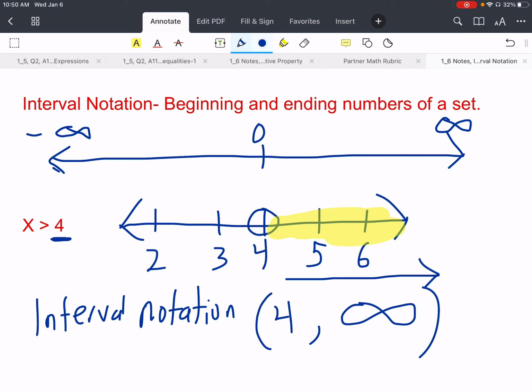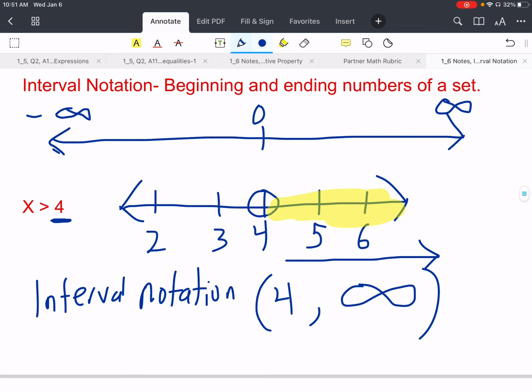And those two numbers are the beginning and the ends of the possible answers. There will be some graphs where there is an actual bottom or top that is not infinity, right? The interval notation could go 4 to 1,000 in some situations, but for all of your inequalities here with the number lines, you'll have a negative infinity or positive infinity as your answers.